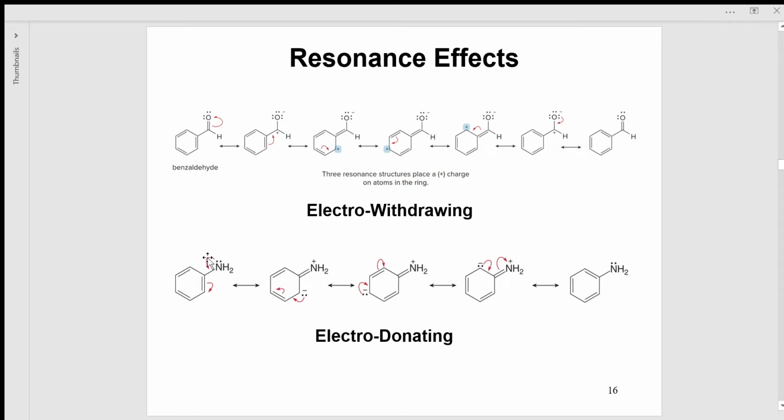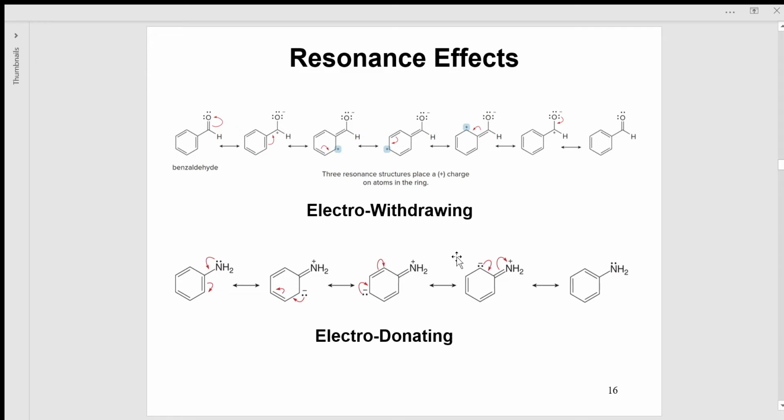So we consider this amine group an electron donating group via the resonance effect. The negative charge is there because of this pair of electrons.